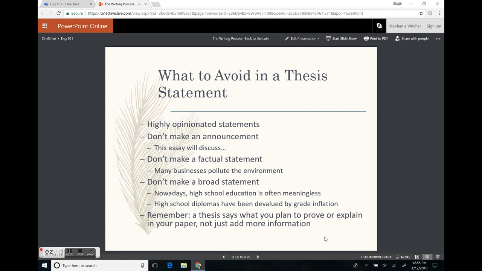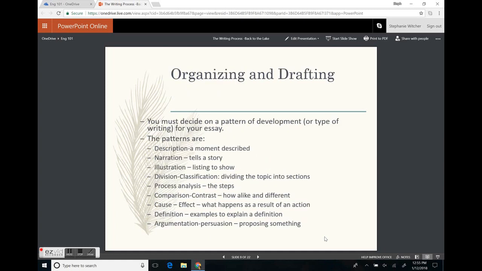Don't make factual statements. Many businesses pollute the environment. What are you proving there? What is the attitude or point that you're making? This is more like a fact, more like a supporting detail. So don't include supporting details. Those aren't thesis statements. And don't make them too broad. Just like I told you before, where you need to have a really narrow topic, you need to have a very specific thesis statement.